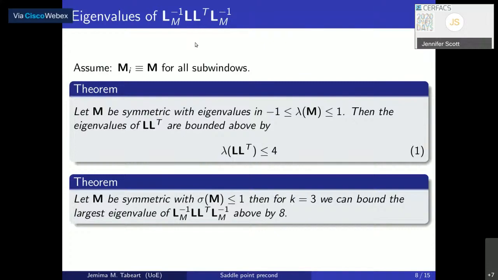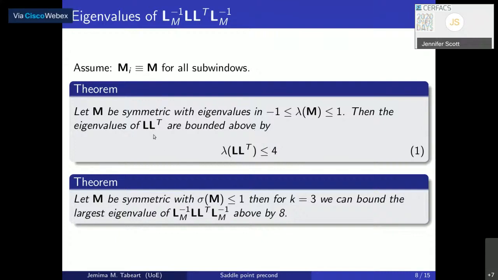So I'm going to make some assumptions to make my life a bit easier. One is that instead of having different model operations at each subwindow, I'm just going to keep them all the same. And then I'm also going to assume that this M is symmetric and has eigenvalues in the range of -1 and 1. And so if I do that, I can bound the eigenvalues of LL transpose above by 4.